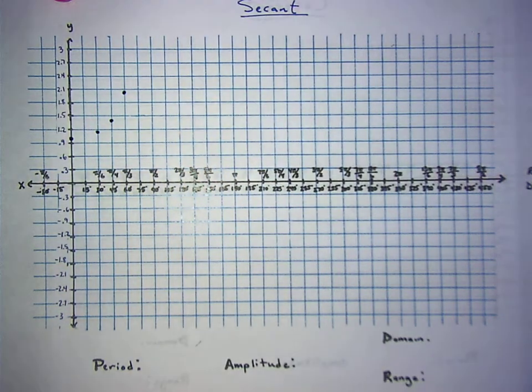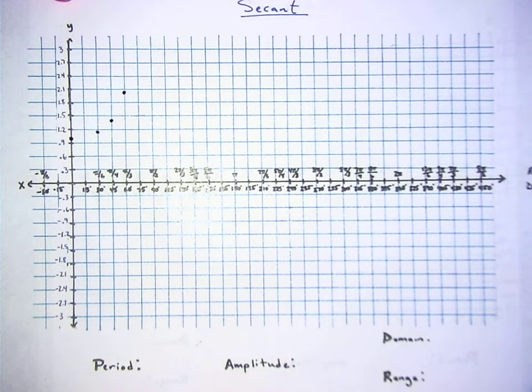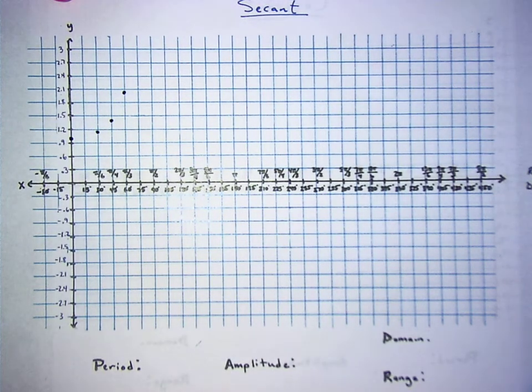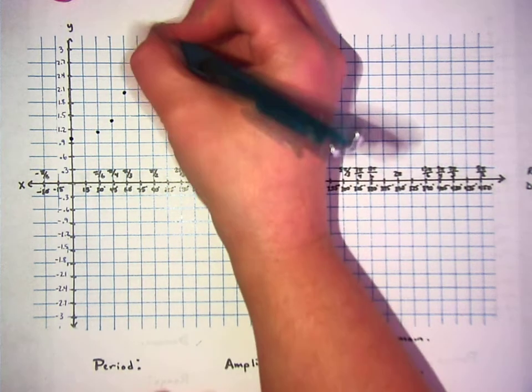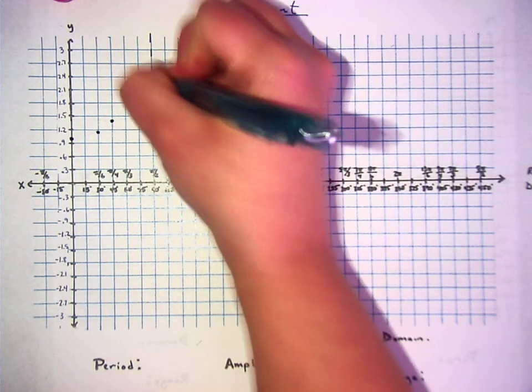And then how about 1 divided by 0? Can't do it. Which is what? An asymptote.